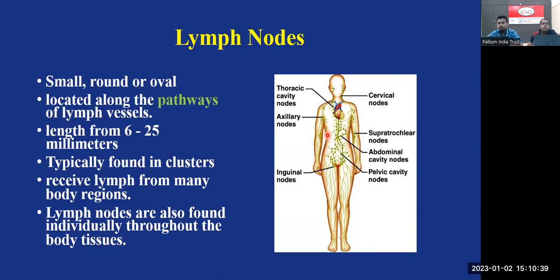There are around 600 to 700 lymph nodes in our body. The lymphatic fluid goes from the lymphatic vessels to the lymph nodes, then again to the lymphatic vessels, and again to lymph nodes. So there are a lot of lymph nodes in our body, as you can see in the image.